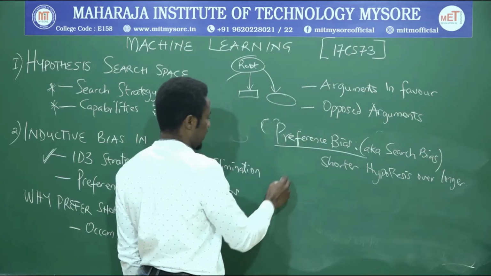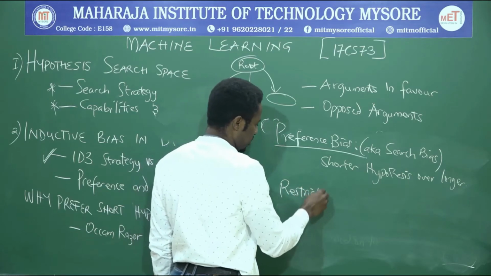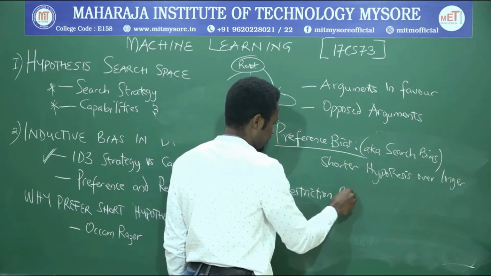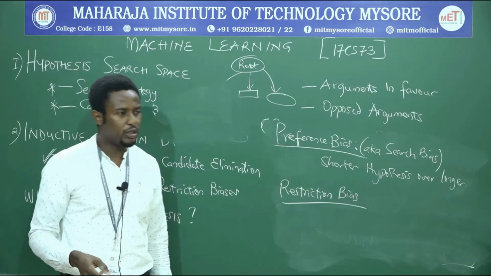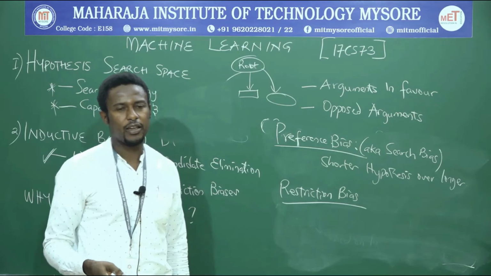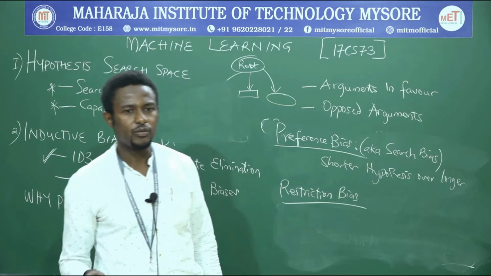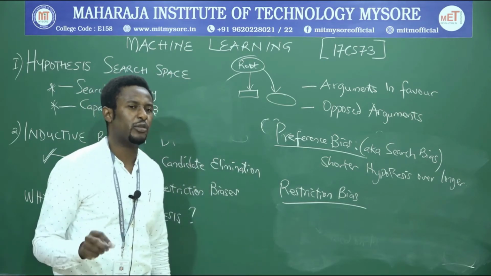Okay, how about restriction bias now? Is it that there will be sets of restrictions? This type of bias is known as language bias, because if you remember, in the case of candidate elimination, the algorithm was in the form of what?